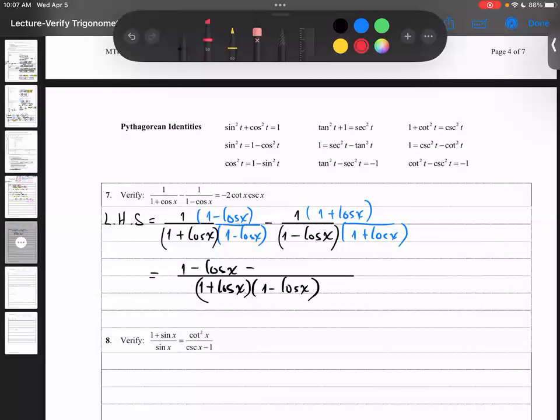And then I'm going to distribute the 1. Well, the negative 1, actually. Don't forget that negative there. So basically, I'm distributing negative 1 into the blue binomial. So negative 1 times 1 is negative 1. Negative 1 times cosine x is negative cosine x. 1 and negative 1 cancel.